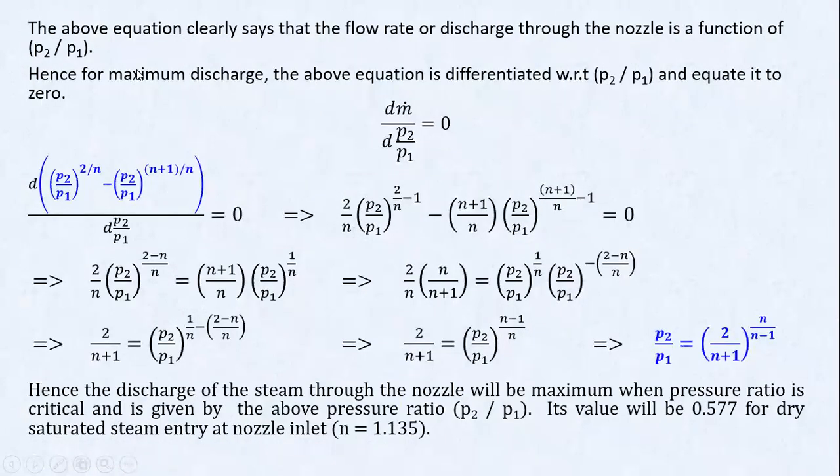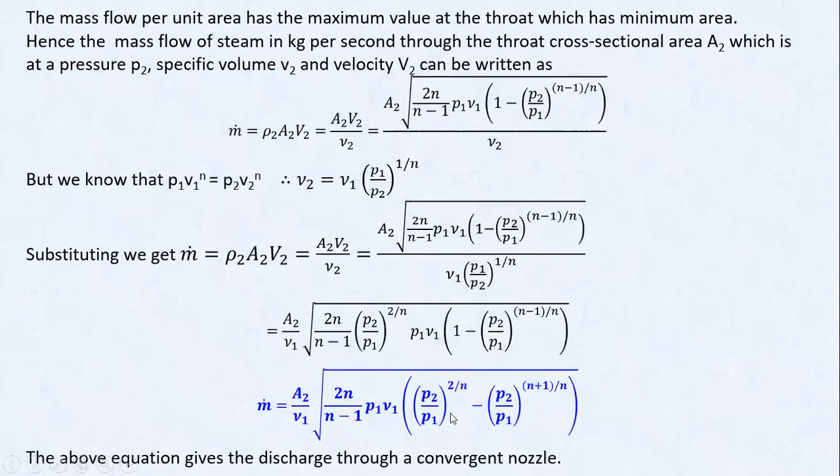So now this expression, as I said, is mainly a function of P2 by P1. P2 by P1 is nothing but the pressure ratio. So for maximum discharge, we differentiate this mass flow rate with respect to P2 by P1 and equate it to 0. So we'll take only this expression because others are independent of P2 by P1.